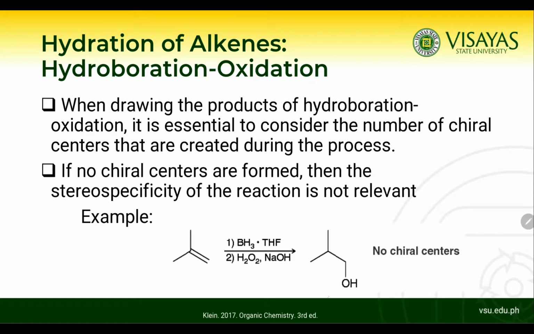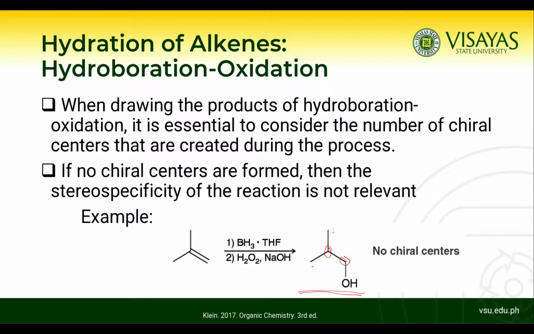In this case, if this is our product, we don't have a chiral center here. This carbon is bonded to 2 methyl groups, which is considered one type of group, so it is not 4 different groups. And in this carbon also, we have 2 hydrogens, so it is the same group.